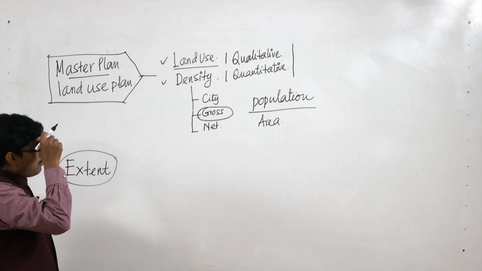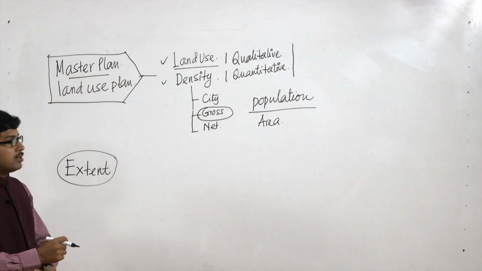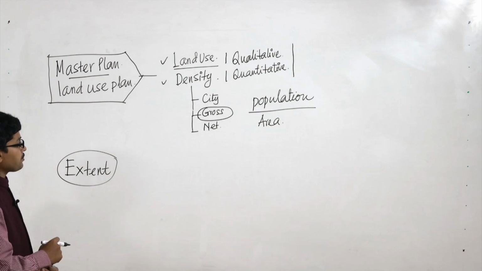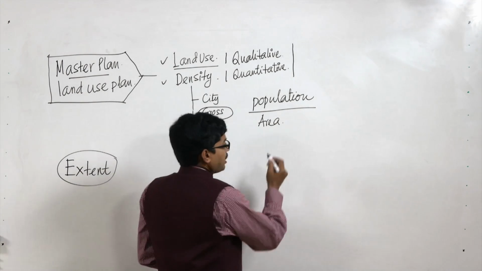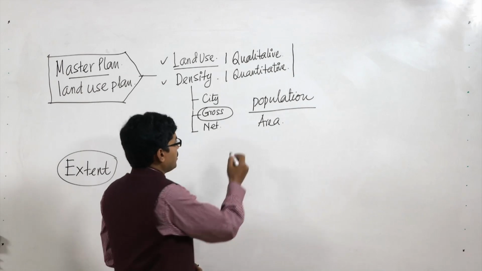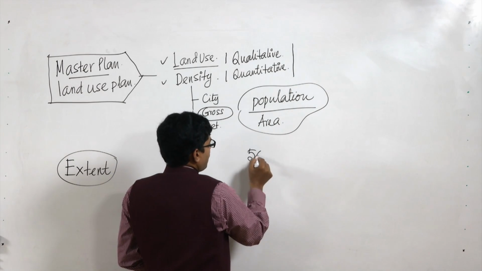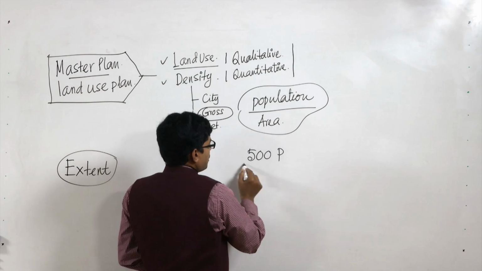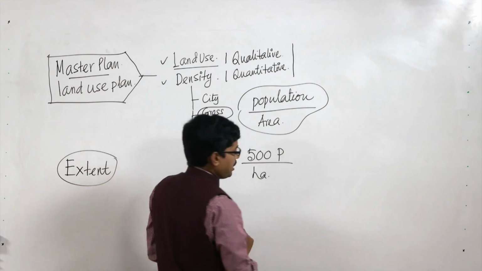So its unit will be population per hectare or acre or square kilometer. Now for example, in a particular given city, the density is say 500 persons per hectare.